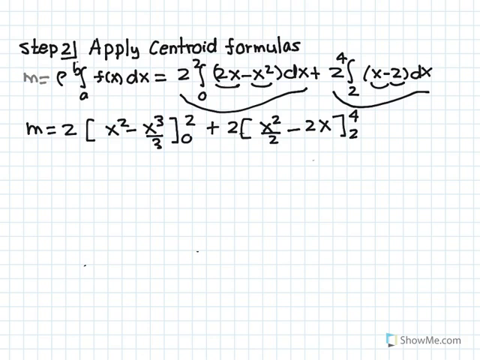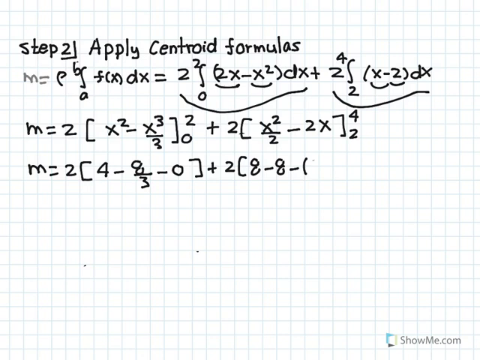Now let's apply the fundamental theorem of calculus and find the mass. Mass is equal to 2 times: put the upper limit in, we get 2 squared, which is 4, minus 2 cubed over 3, which is 8 over 3. Plug 0 in, we get minus 0. Plus 2 times: put the upper limit in, we get 16 over 2, that's 8, minus 2 times 4, which is 8. Minus, put the lower limit in, 2 squared over 2 is 2, minus 4. Now let's simplify this.